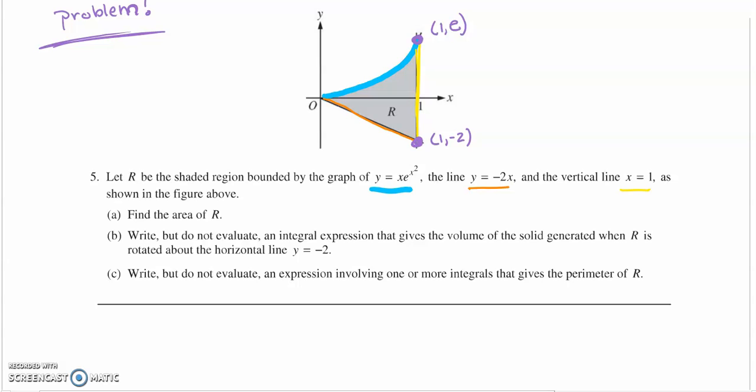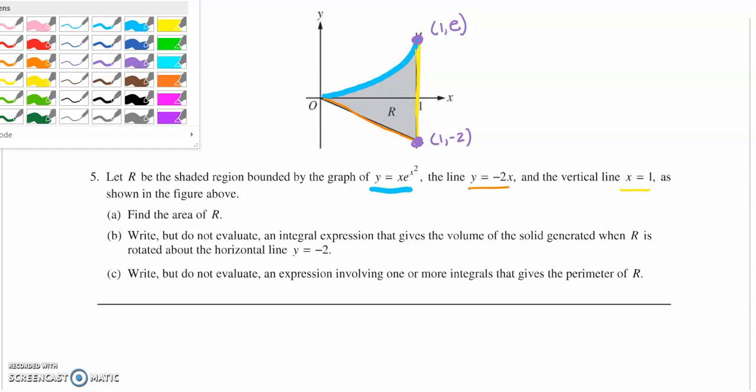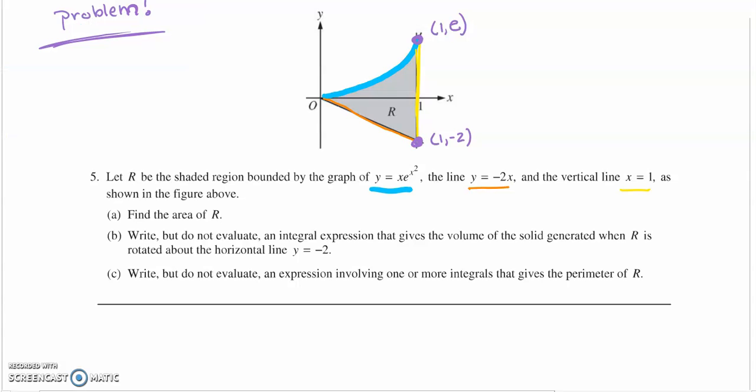So I'm going to set this up as integrating with respect to x. When I think about my cross sections, all of my really thin rectangles would go top minus bottom, like this. And so I need to think about what creates the length of those little green thin lines, the height of those rectangles.